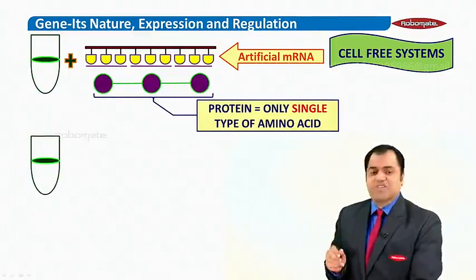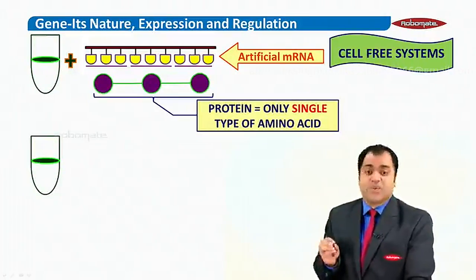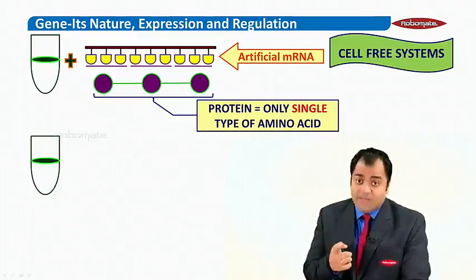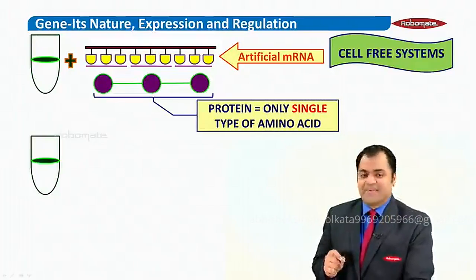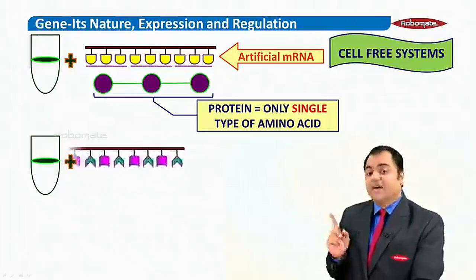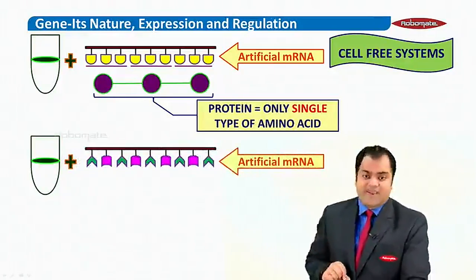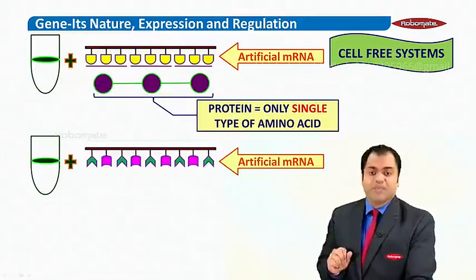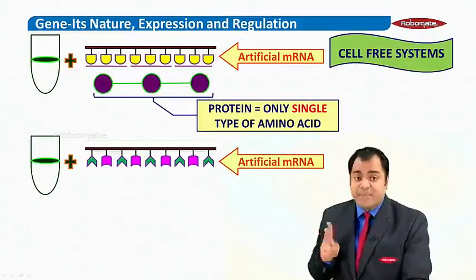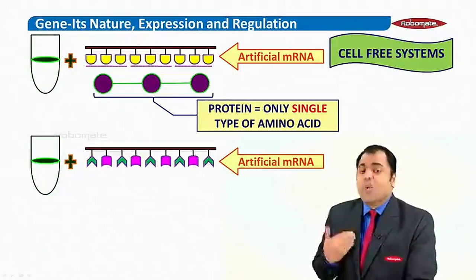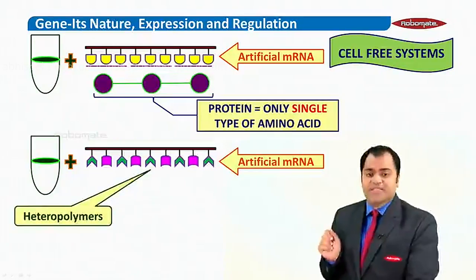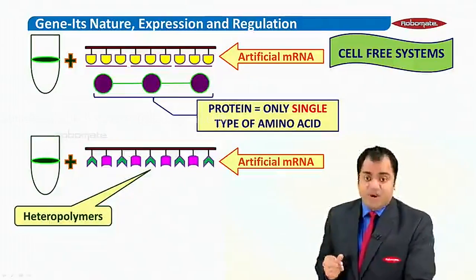In the next situation, they again took a mixture with everything required for protein synthesis except mRNA. And now they added another molecule of artificial mRNA. Now look at this molecule. You see how it has 2 different types of bases? Yes? So once again, this is called a heteropolymer.